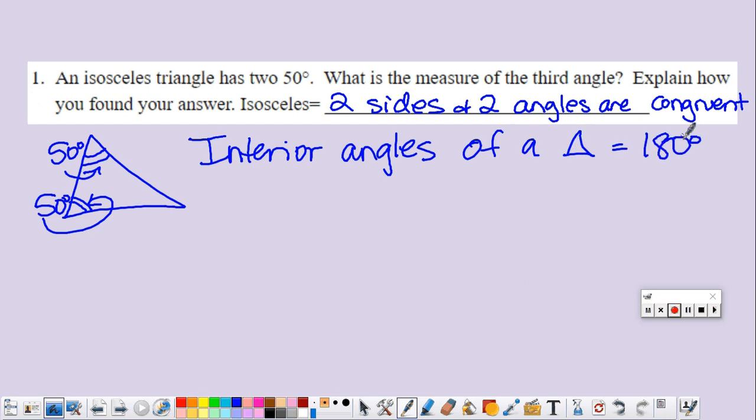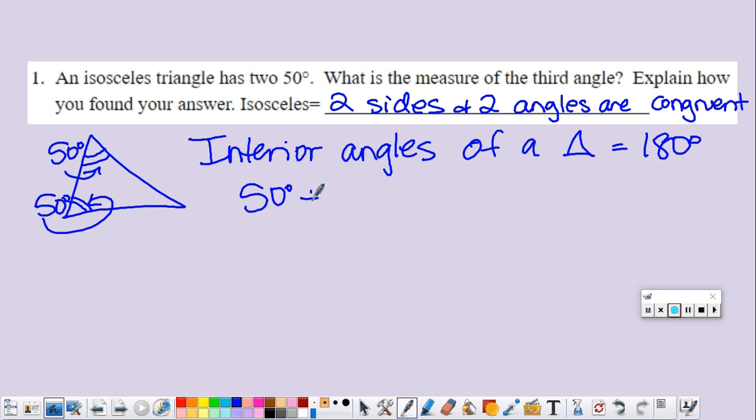Okay, so if I add 50 plus 50 plus this mystery angle, how much should I get? 180 degrees, right? Total, it should be 180 degrees. So Eva said, let's add 50 and 50 and subtract that sum from the total 180 degrees. Does that work? Okay, let's see what happens.